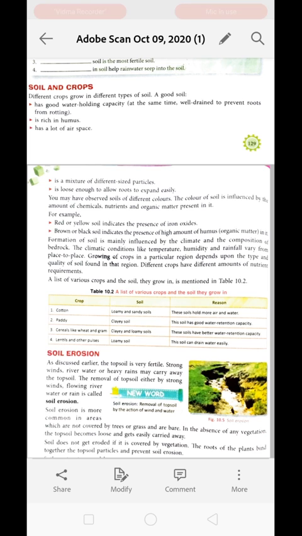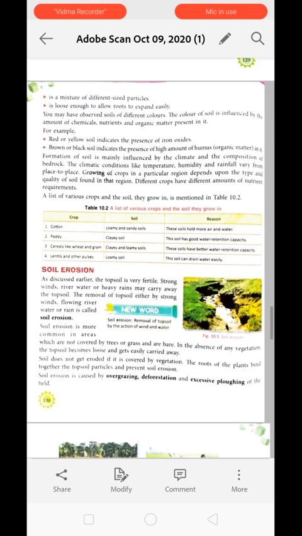Understood? Next is a mixture of different size particles so that the air spaces can be present there, otherwise it will be compact, right? Next, it should be loose enough to allow roots to expand easily, so that the root of the plant can expand.